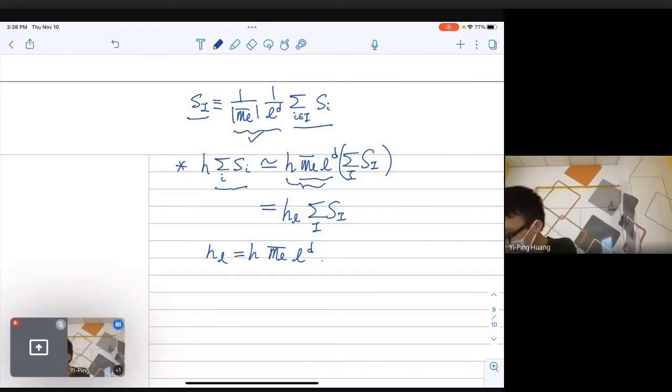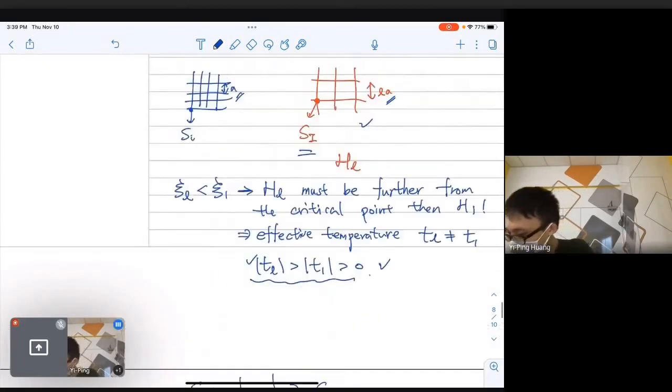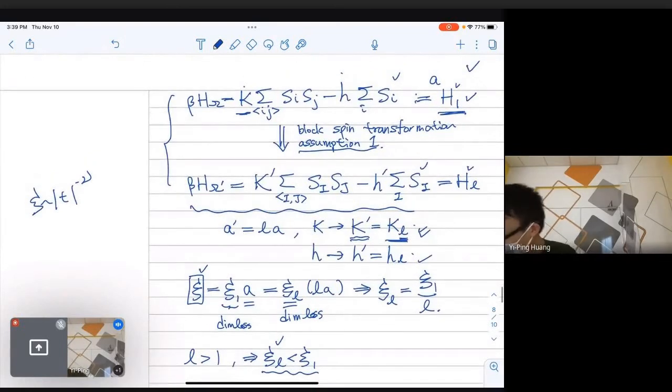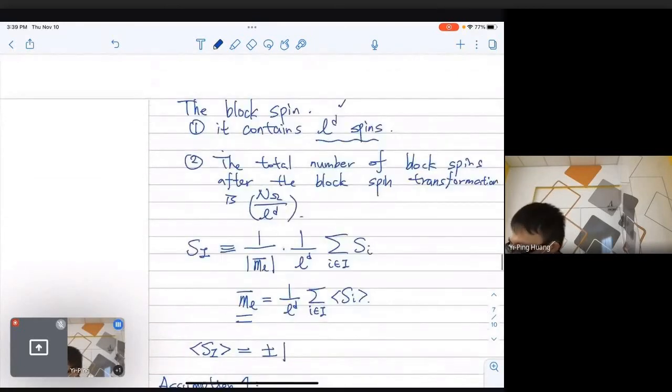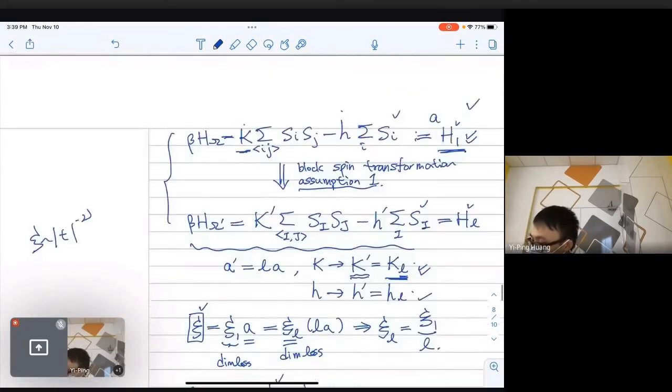Okay, so let's see. Basically, what we are doing is starting from some Hamiltonian that we call H1, and we try to propose a possible way to do the coarse-graining, basically doing this block spin transformation, and then we end up with a new Hamiltonian described by these block spins.